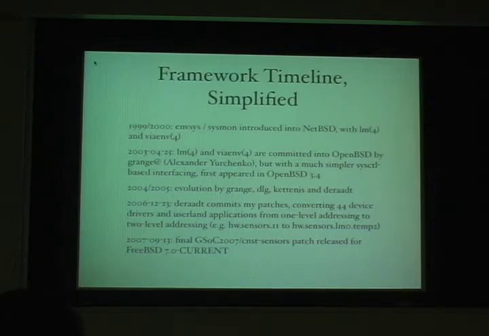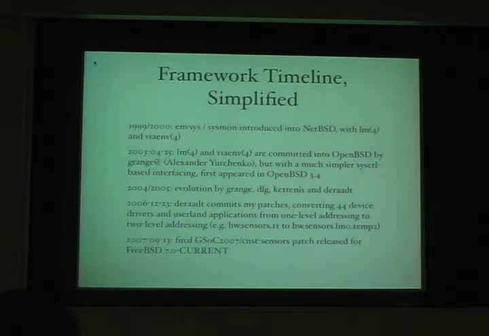For example, the third temperature sensor on the lm0 device could have previously been numbered as hw.sensors.11. After this patch was committed, the addressing scheme was changed to hw.sensors.lm0.temp2. And then in 2007, I participated in Google Summer of Code.